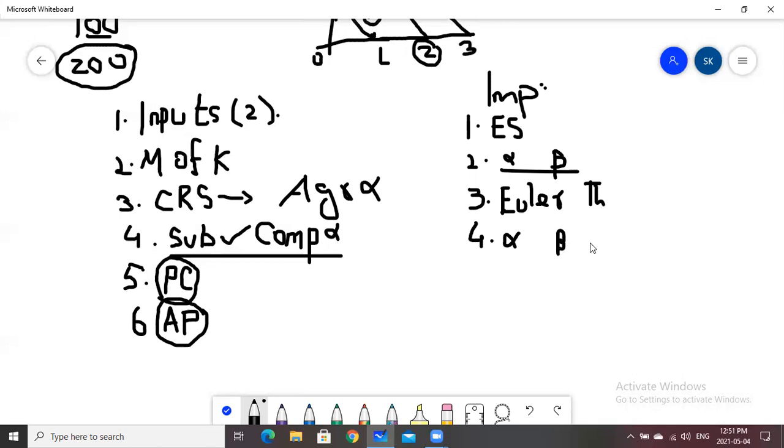Let's suppose that one is the agriculture sector and the other is the manufacturing sector. Alpha and beta can help us identify which of these sectors is using more labor and which is using more capital. Therefore, for intersectoral comparisons also, we can use these elasticity coefficients.